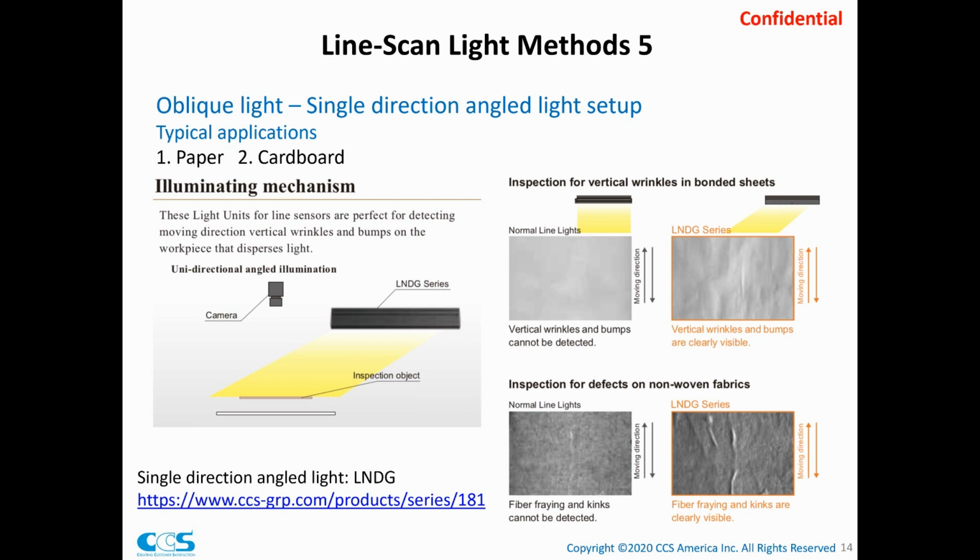To solve this issue, CCS America recently set up a complete line scan testing station. In the next section, we're going to show our line scan testing station and see how it can help select line scan light.